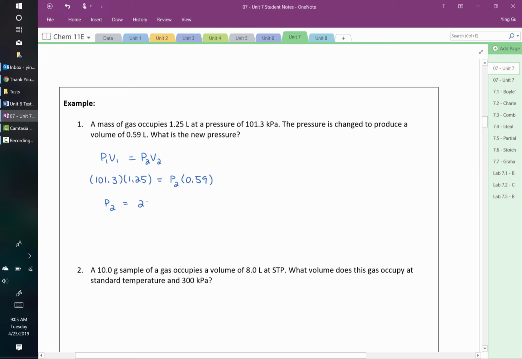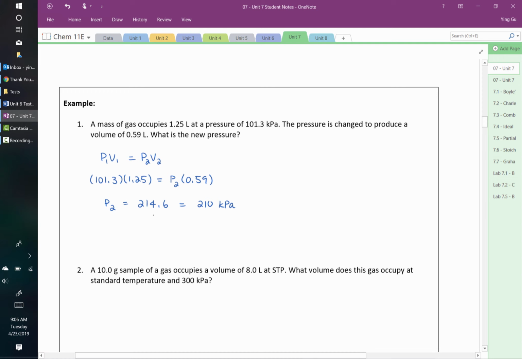Your calculator will give you 214.6 kilopascals, which you can then round to the correct number of sig figs. This would be 210 kilopascals.